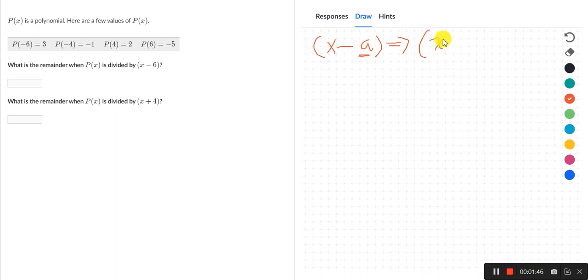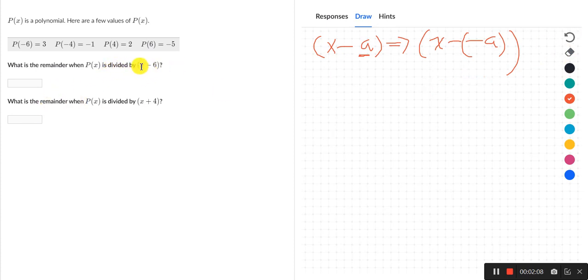If a is a positive number, you can write it as this, where those signs multiply each other and you have x plus a. Okay, let's see our problem.